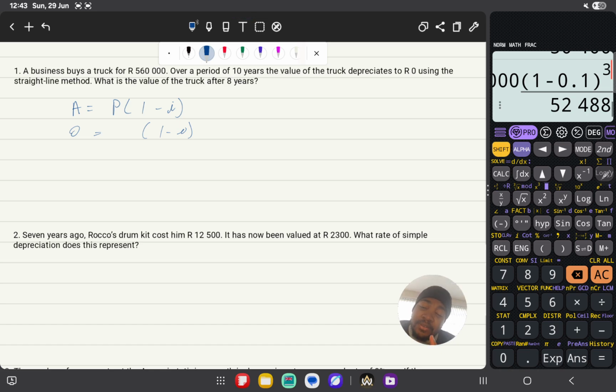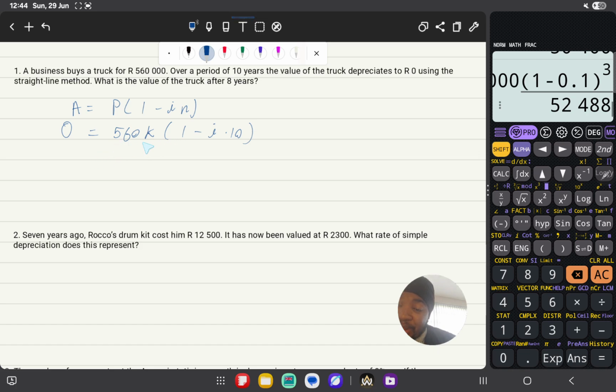No. There is a very important factor which I left out. N was quite important, and I left it out. So it's 0, the amount at the year end, equals 560k times (1 minus I) to the 10.